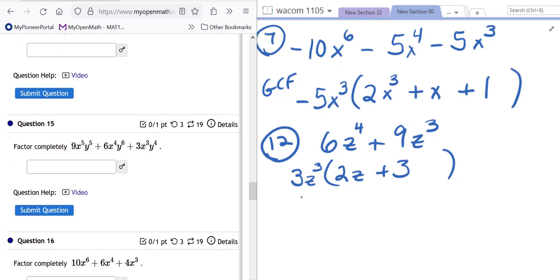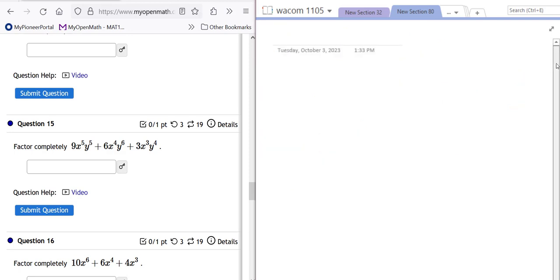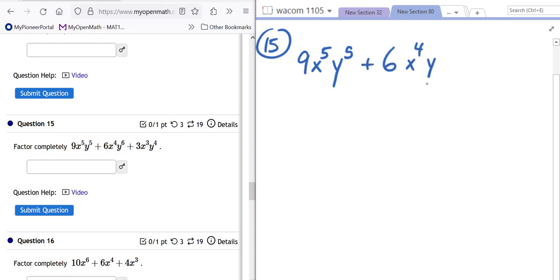Maybe we'll do that one with 2 variables. So 15. We have 9x to the 5th, y to the 5th, plus 6x to the 4th y to the 6th, plus 3x cubed y to the 4th.